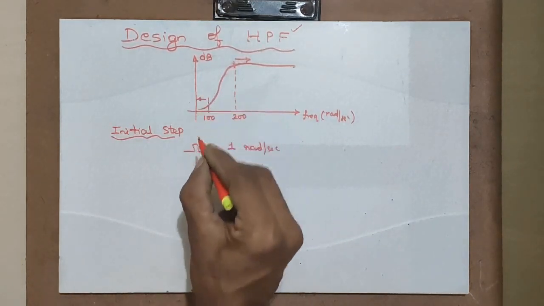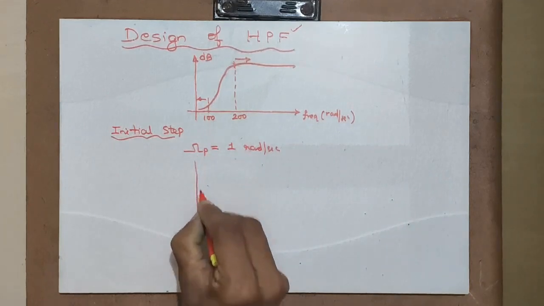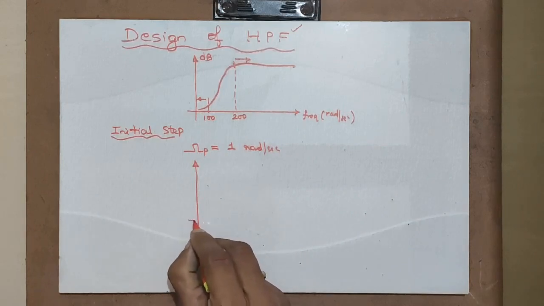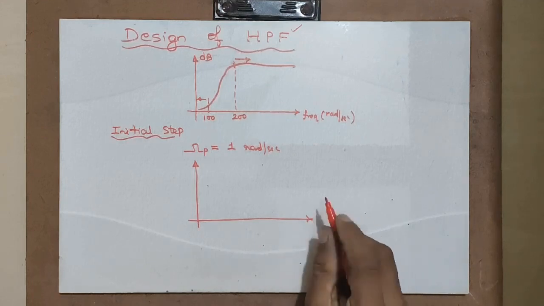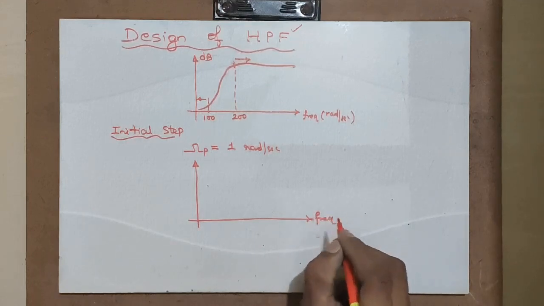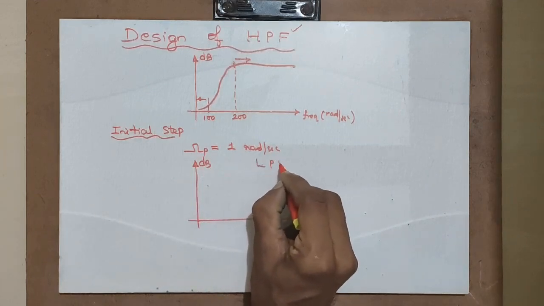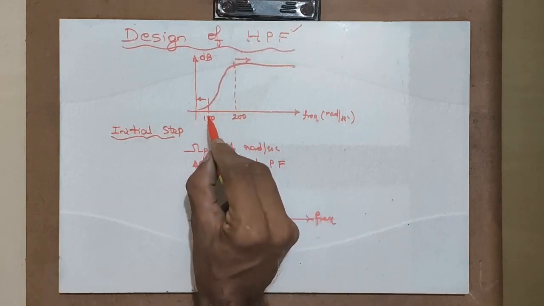Just imagine that you have transformed this into a low pass filter design. What happens? I just draw it here, frequency versus decibels, for the low pass filter. This is called backward substitution or the initial step that we have to do.